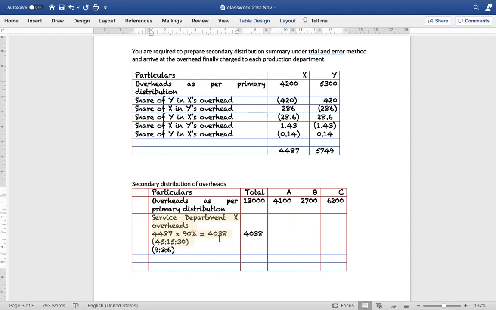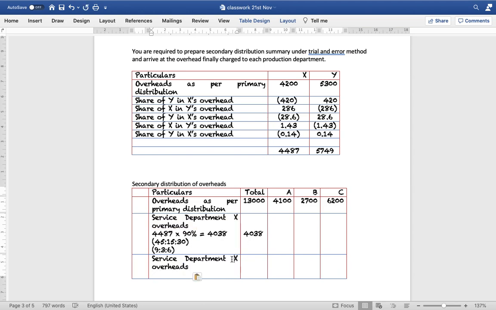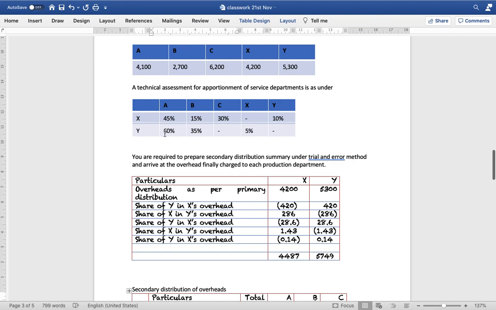Like that, you have to take service department Y overhead. So 5,749 into, when you add up all these things, you'll get 100 percentage.